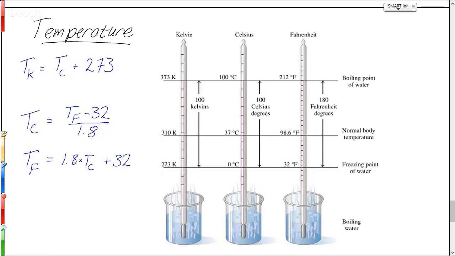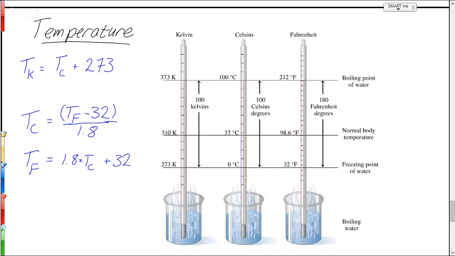So this is relatively straightforward. You plug the number into the equation and you solve it on a calculator. The only thing that's tricky is you have to be careful of the order of operations. When you're solving for Celsius, you have to make sure to subtract the 32 first. So if you want to put some parentheses there to remind yourself, you have to do that first.